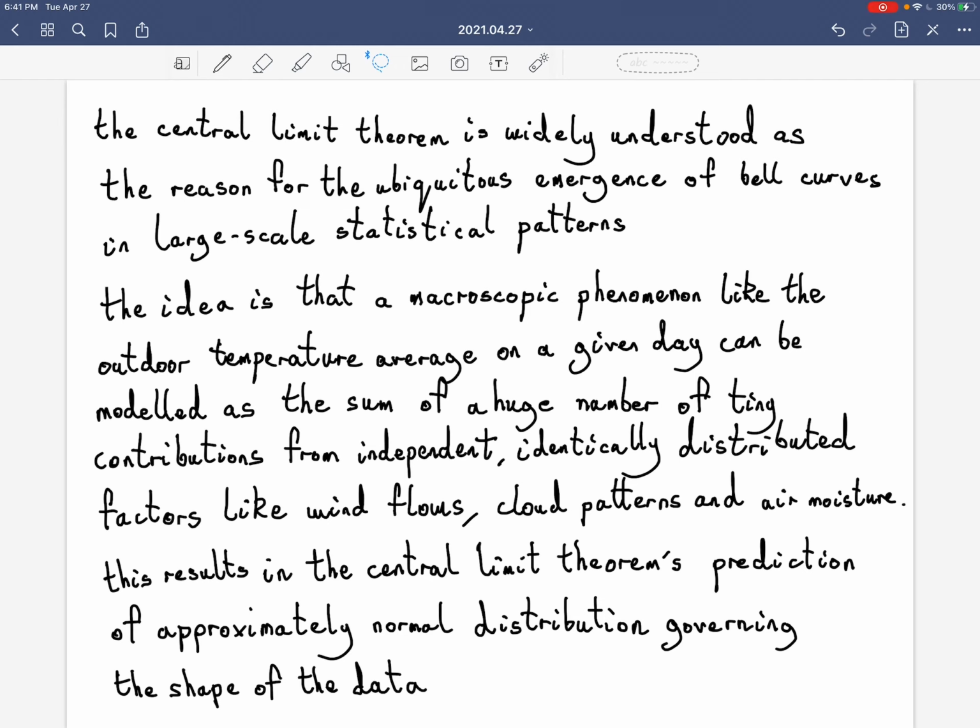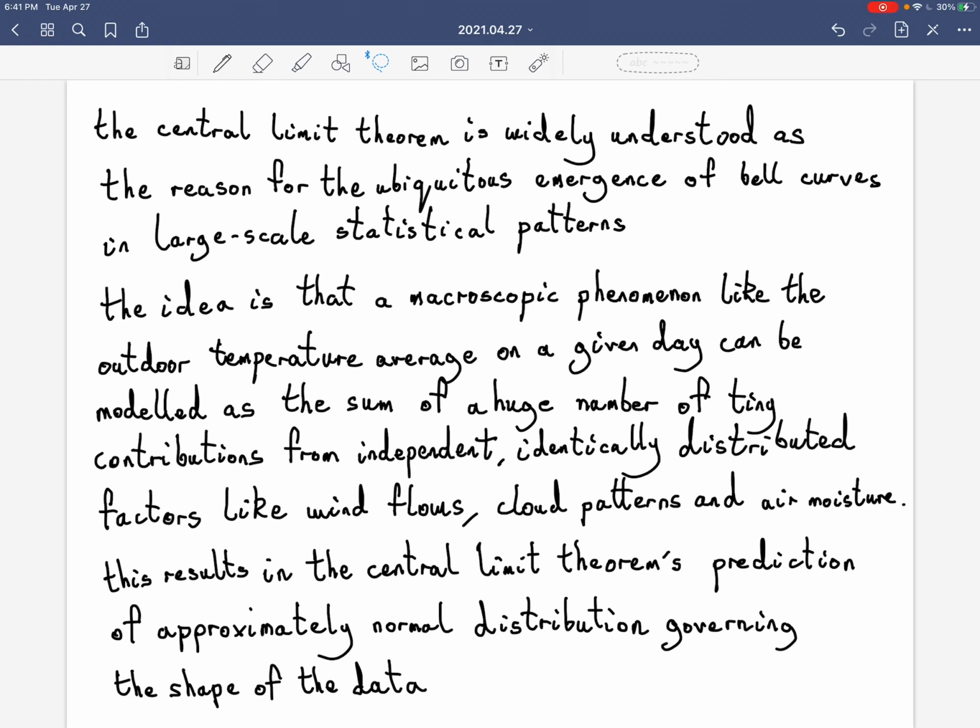Okay, so the central limit theorem is widely understood as the reason for the ubiquitous emergence of bell curves in large-scale statistical patterns. And so there are many practical consequences of this mathematical phenomenon.